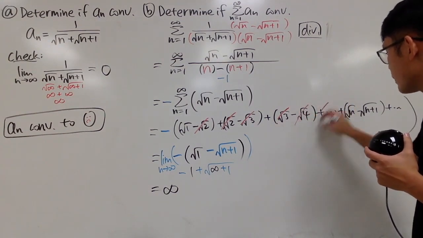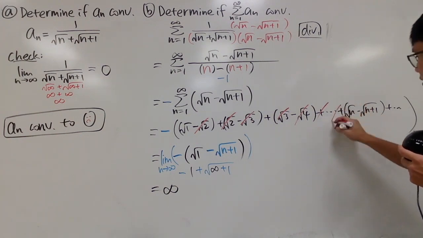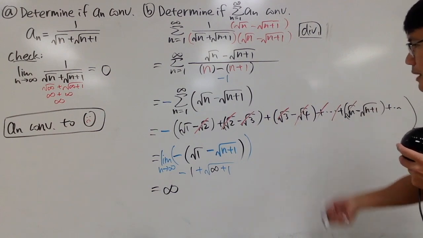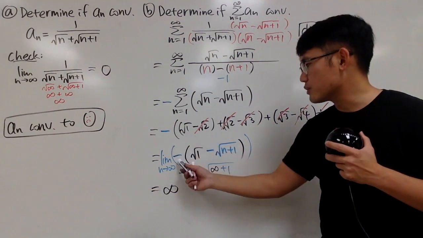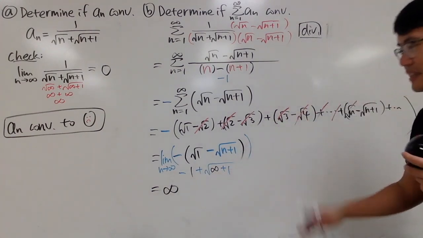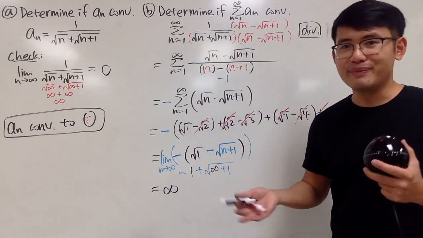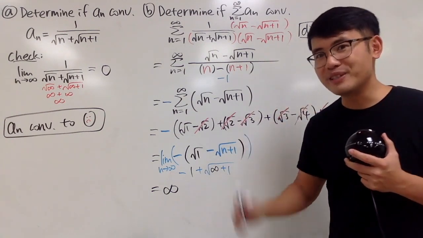So this is going to cancel with that, blah, blah, blah. And you also see that this guy will cancel with this guy. So that's what I mean. We have to put down this right here, and also put down this right here, and also don't forget the negative. That's it. But if you would like, you can go from here to here on my exams. Up to you. It's a divergent telescoping series.